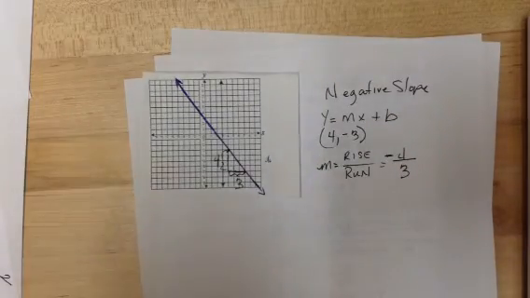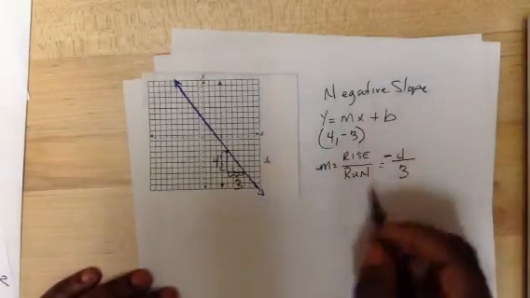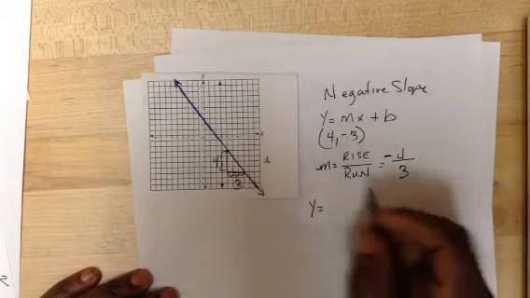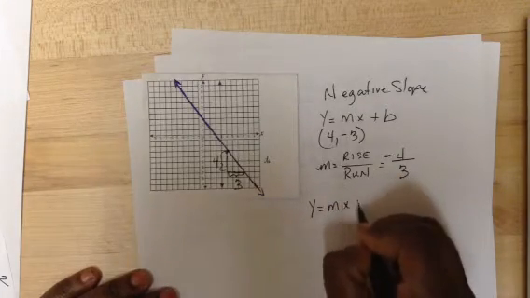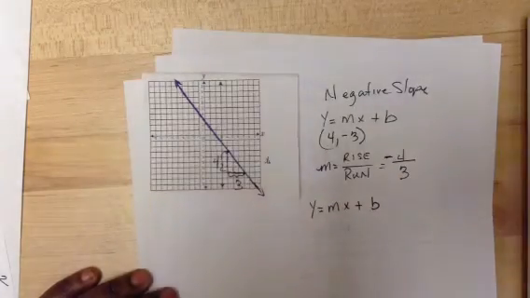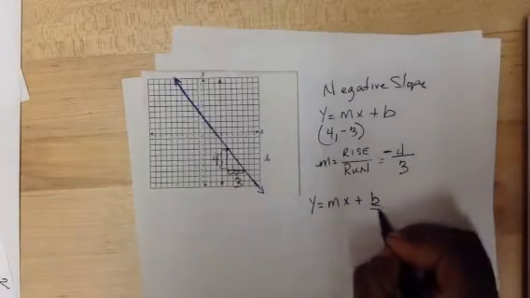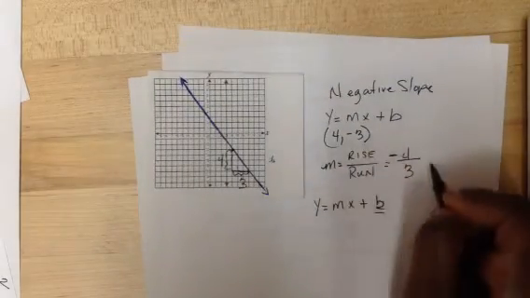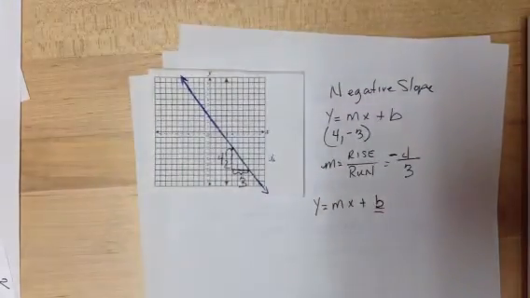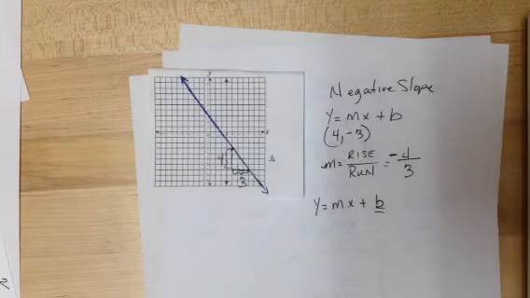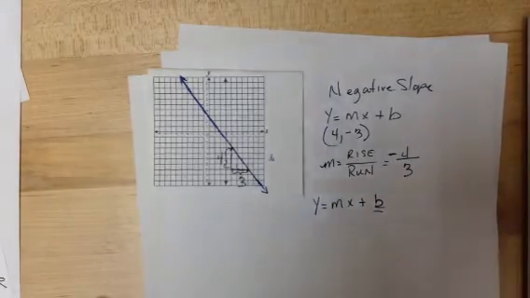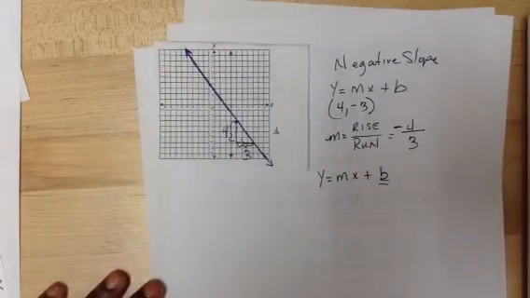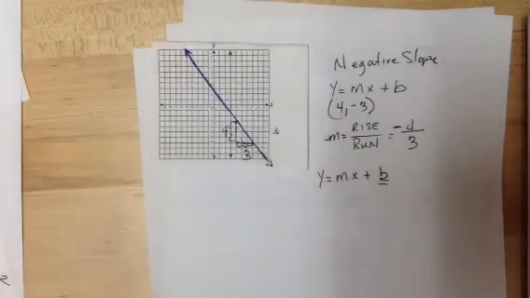So now I have the two things that I need. I have y is equal to mx plus b. I need to solve for b because that's missing. I see here I have my slope and I have this point. What can I do to find b? I can go back into this equation and substitute the information that I have.